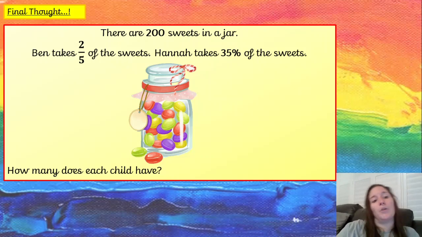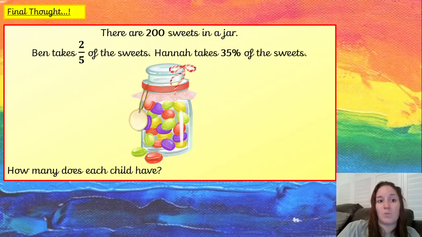So we know, because we've done this already, how to find fractions of an amount. We've got 200 sweets and our denominator is 5, so we need to divide 200 by 5. It can be a little bit tricky, but we know 20 divided by 5 is 4, so 200 divided by 5 is 40.